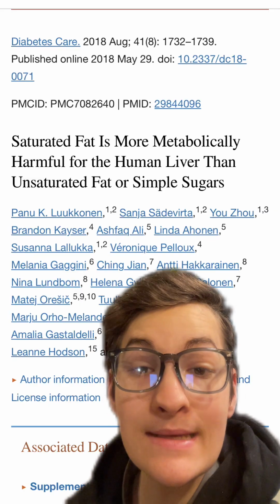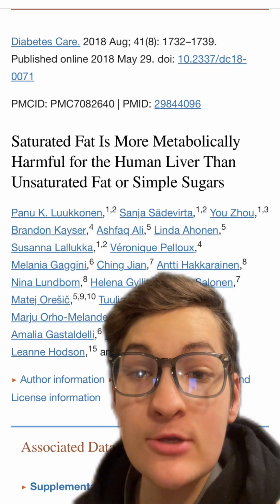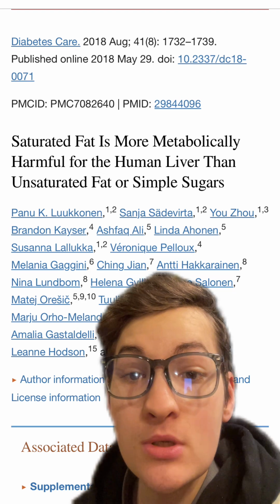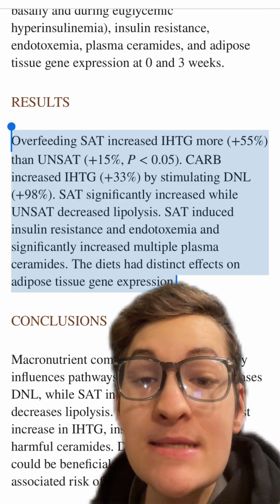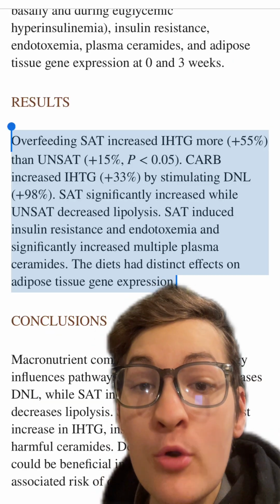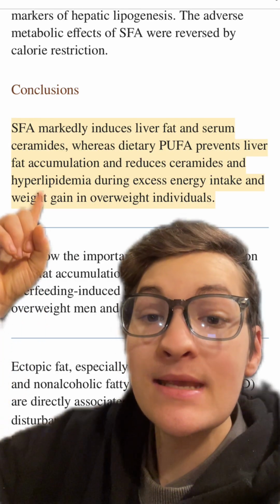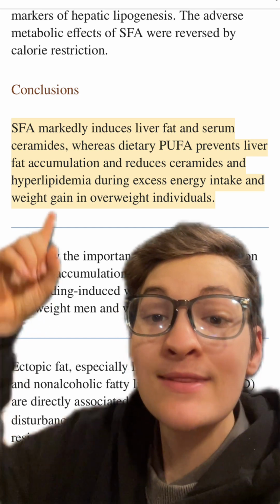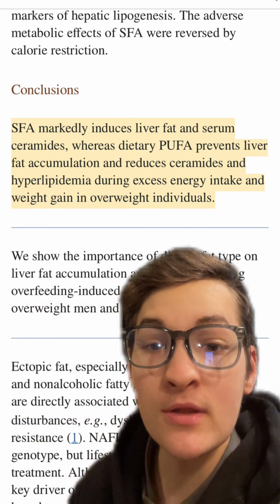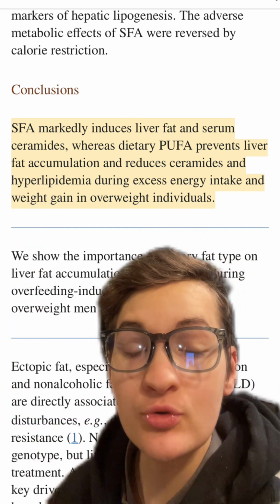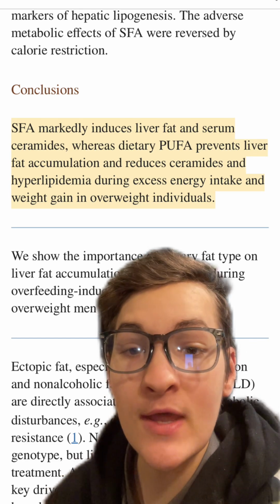We also see that comparing saturated fat to unsaturated fat, or even fructose, saturated fat increases the content of fat within the liver more than all other macronutrients, as well as once again increasing the amount of these lipid metabolites, in this case ceramides, inside of the liver, both of which increase insulin resistance inside of that organ.